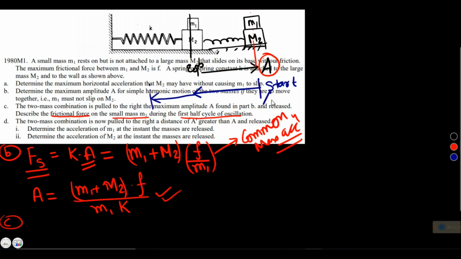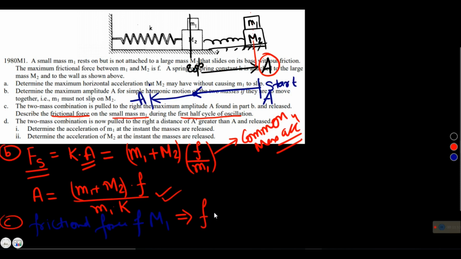This is at maximum displacement A, this will be maximum displacement minus A. So this makes it half the cycle. So in this duration we have to describe the nature of frictional force on block M1. See, what will be the frictional force?